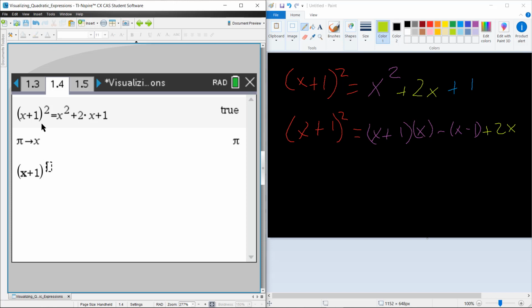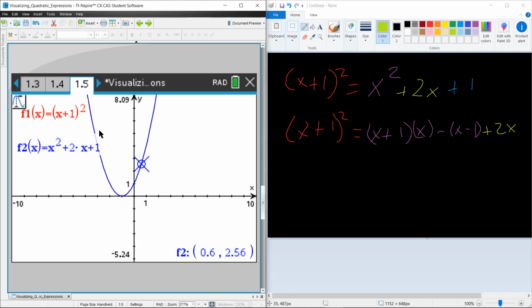So I'm going to check, is x plus 1 quantity squared equivalent to the expression that we built just a moment ago using our area model, which was x plus 1 multiplied by x, subtract the quantity x minus 1, and then add 2x. I believe we did our algebra right, but now we have a way to verify that using the calculator page, and we get a true.